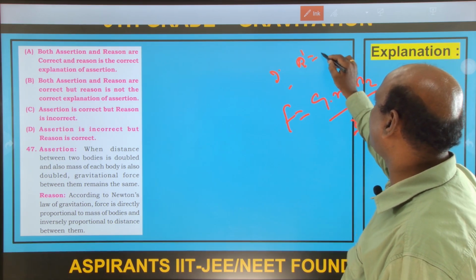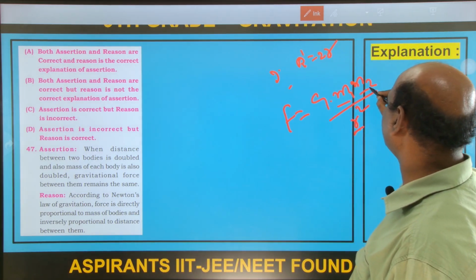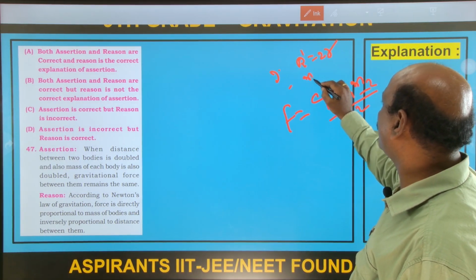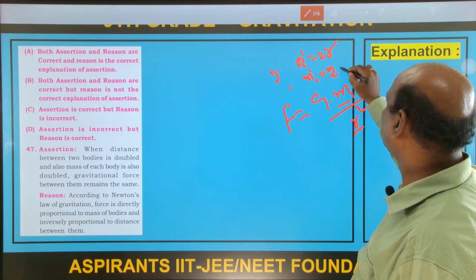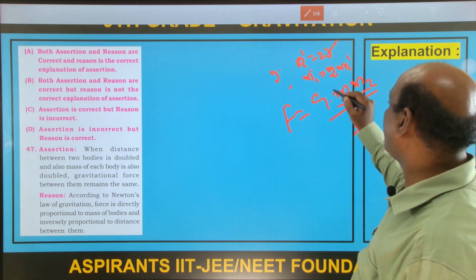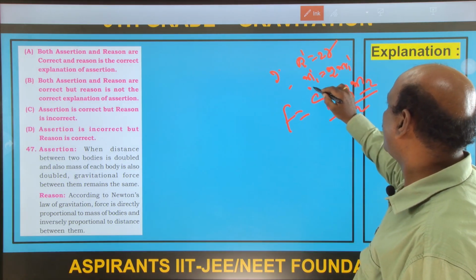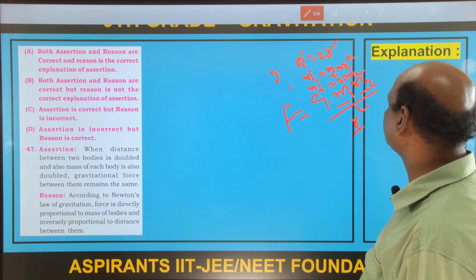So R will become 2R. Next, the masses are also doubled. So M1 dash will become 2M1, then M2 dash will become 2M2.